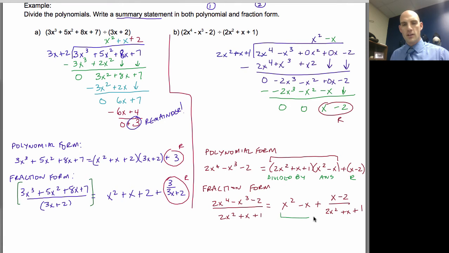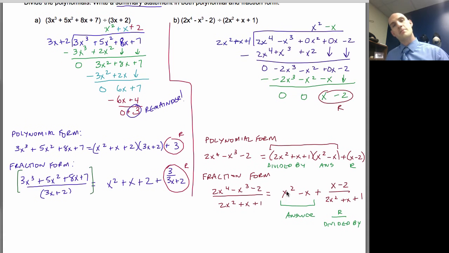Over here, this is my answer, and this is my remainder over divided by. Okay, so all three elements are there: what I divided by, my answer, and my remainder, just the format is different. So for my polynomial form, it's what I divided by times my answer plus my remainder. In fraction form, it's my answer plus my remainder over what I originally divided by.